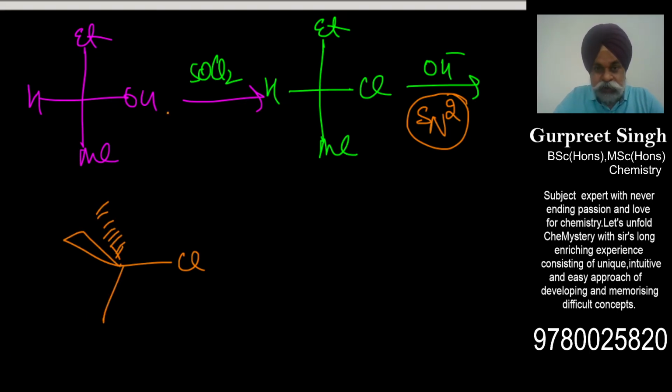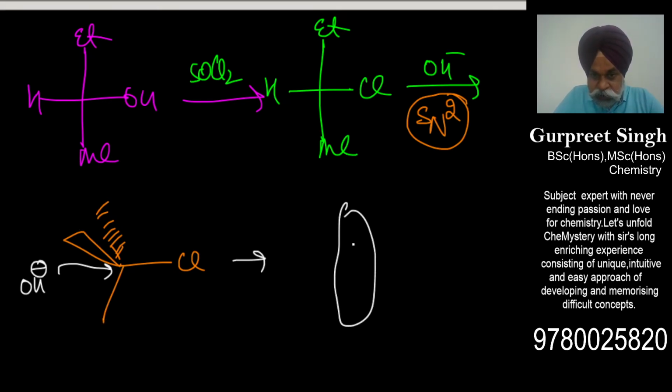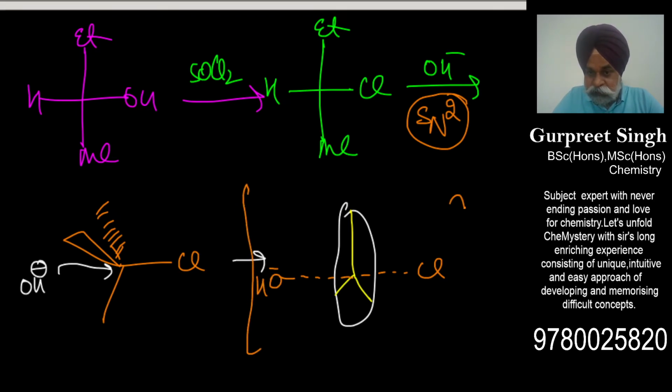If OH attacks from the backside just like this, then these three groups, R1, R2 and H, would come in one plane, and this would look somewhat like this. And this is the leaving group which is going out, Cl, and this is the incoming nucleophile which is coming to attack it. This is the transition state which you would get for an SN2 mechanism.